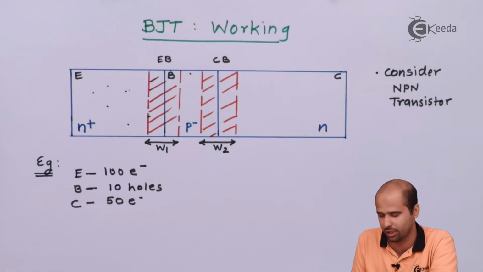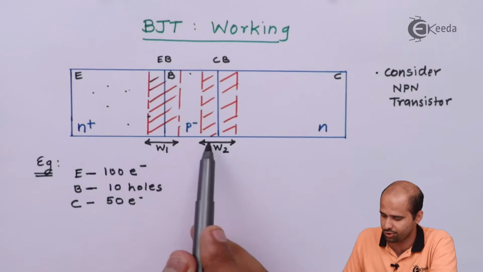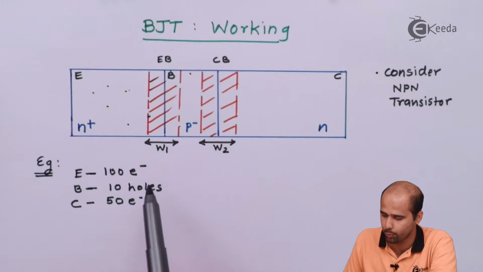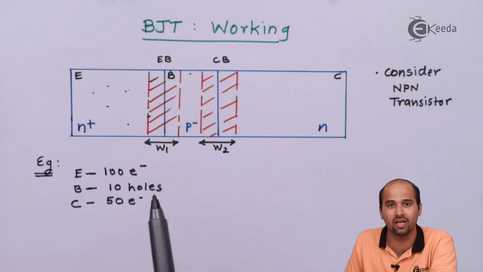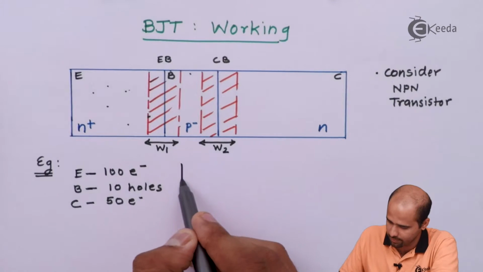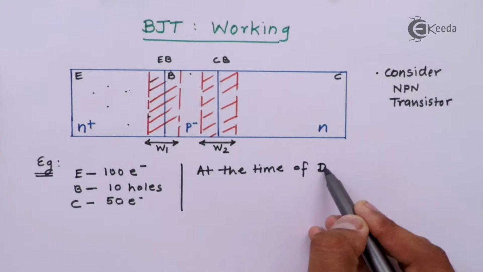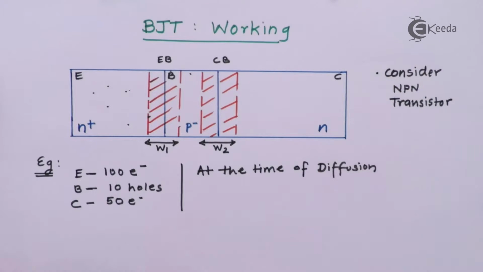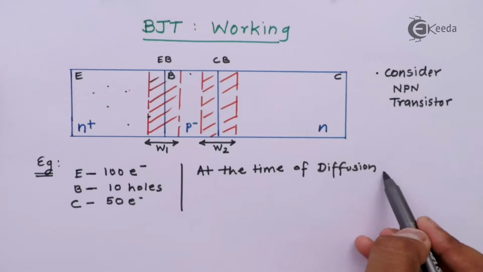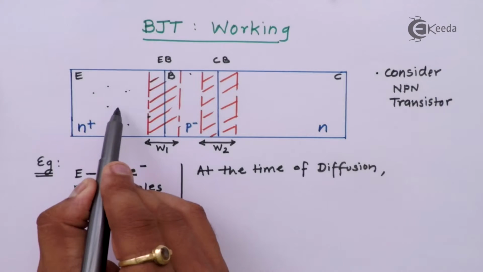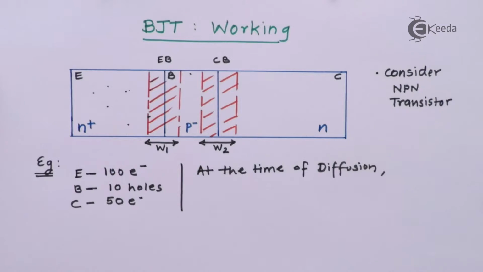Now we will start the operation. Before forming these particular junctions W1 and W2, what will happen? That is nothing but the diffusion process. At the time of diffusion, electrons will try to move towards the base side. So all 100 electrons, the majority charge carriers, will try to enter the P region.